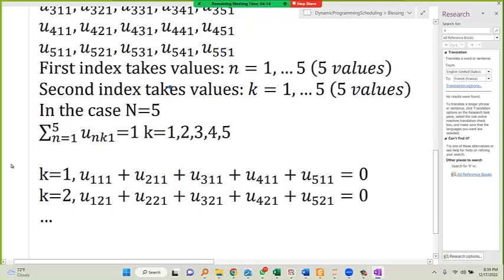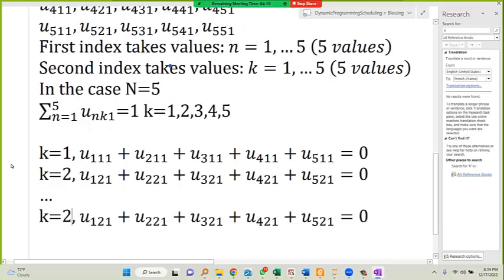And then you get to k equal 5: u_151, u_351, u_451, u_551. So there are 5 constraints, which means there are 5 rows in the constraint matrix.